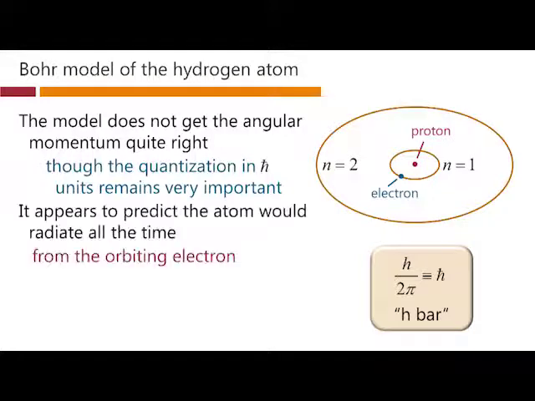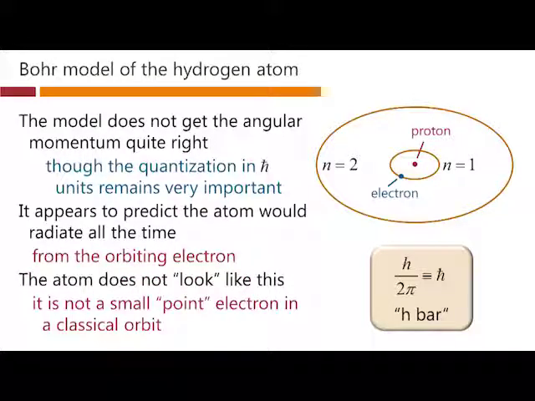It also appears to predict that the atom would be radiating electromagnetic radiation all the time because it's a spinning electron whizzing around the nucleus, the proton, and a spinning electron like that whizzing around in an orbit would be continually radiating electromagnetic energy and thus losing energy, and that just does not make sense here. And it gives an entirely incorrect picture of what the hydrogen atom actually looks like.